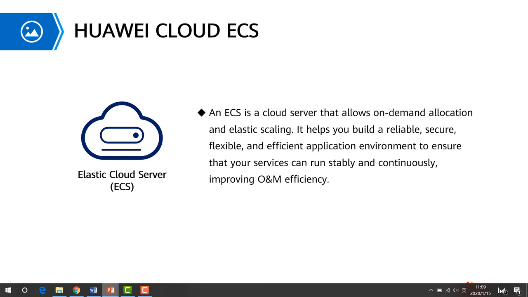After buying an ECS, you can use it on the cloud just like you would use your local PC or physical server. ECS supports self-service purchase. You only need to specify the specifications such as CPU and memory and the login authentication mode. You can also modify ECS specifications as required to build an efficient, reliable, and secure computing environment.